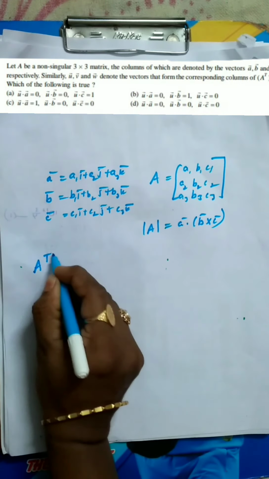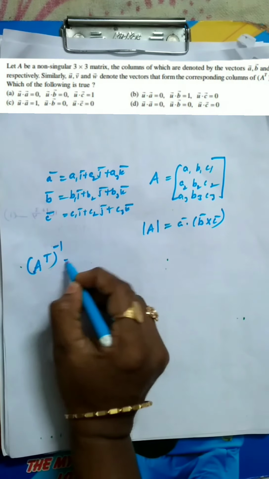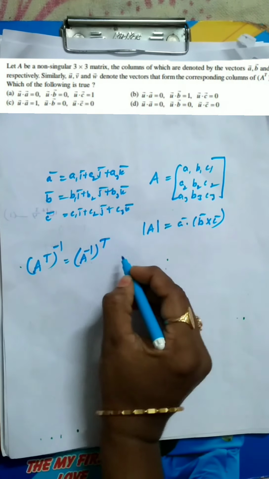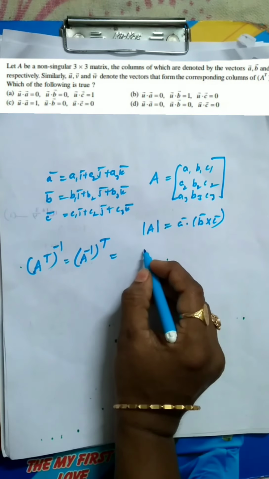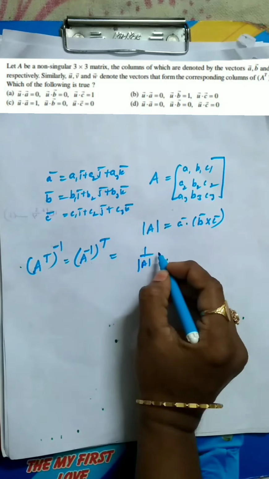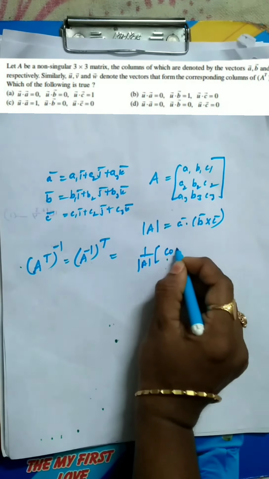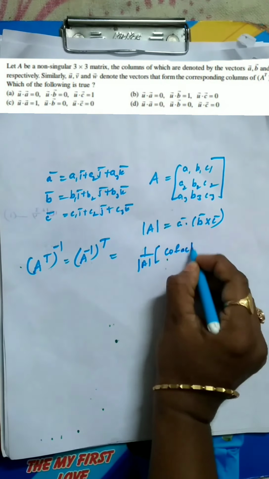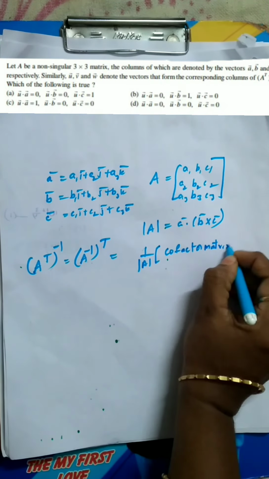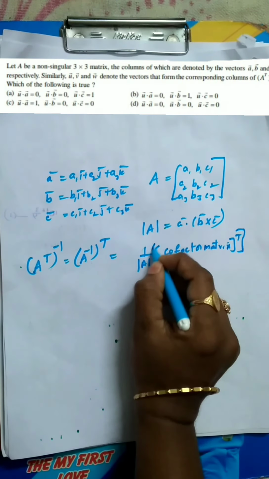Now we consider A transpose inverse. A transpose inverse is also equal to A inverse transpose. A inverse, we know, is 1 by det A into cofactor matrix transpose, and the whole transpose.